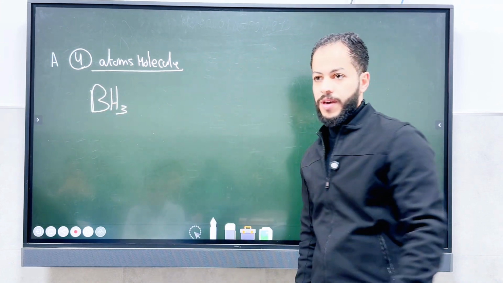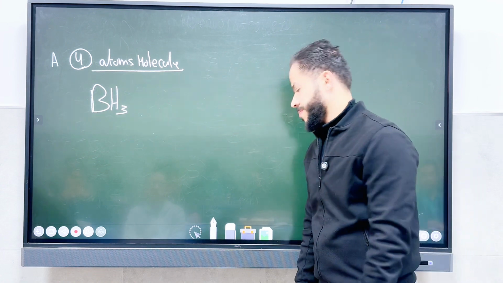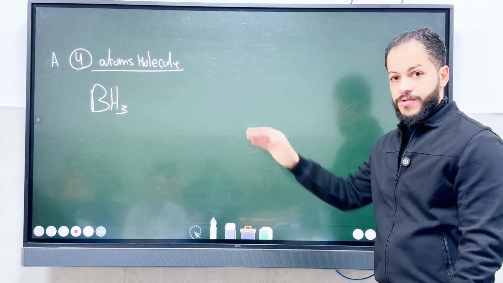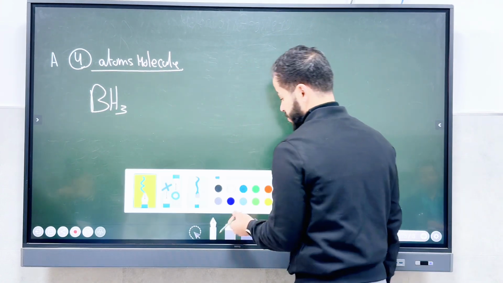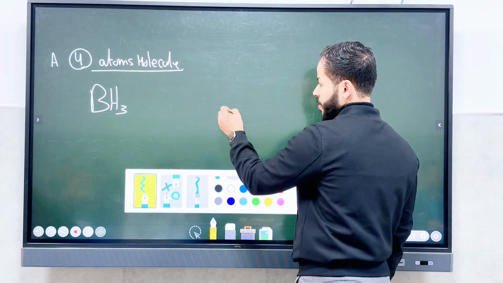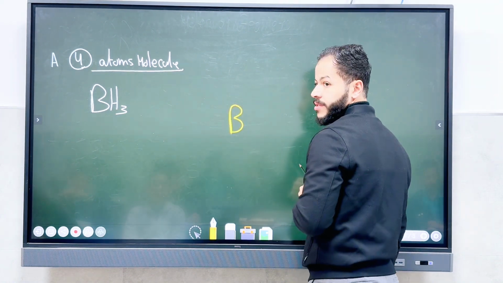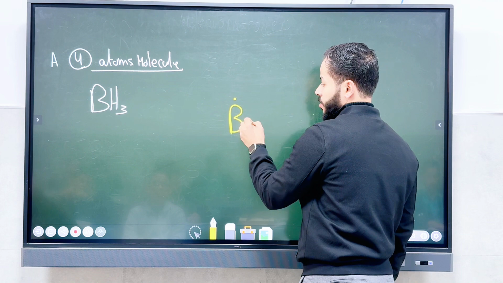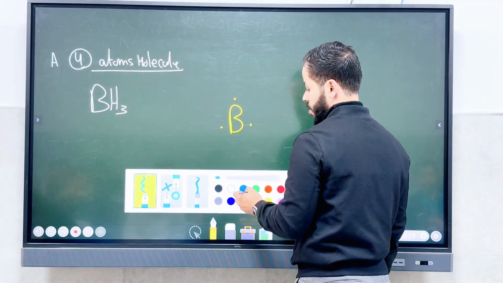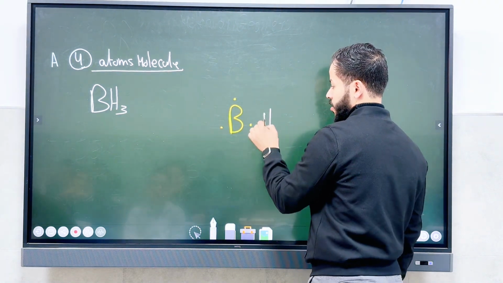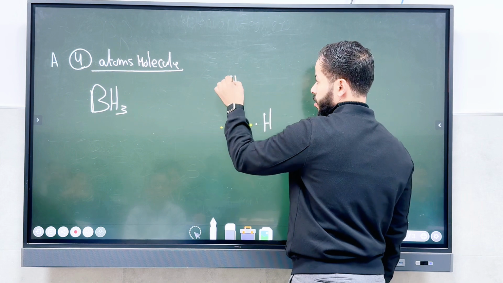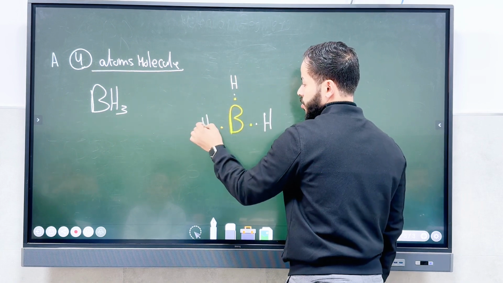How many atoms are here? 4 atoms. What is the central atom? B. This is one of the exceptions, do you remember it? Yes. How many electrons? 3. And how many hydrogens do I have? 3 hydrogens. Each one will share 1 electron. And this is the Lewis dot diagram.